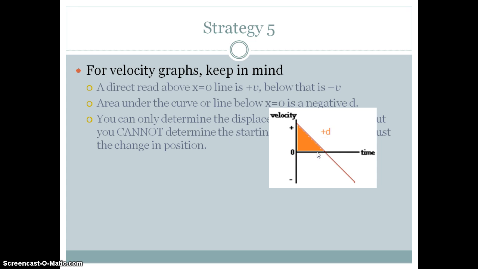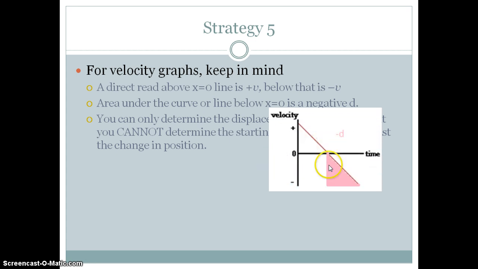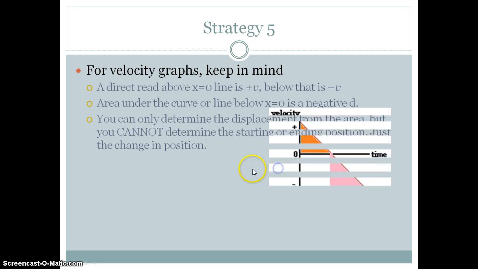If you look at it a little bit beforehand, you're only filling in part of the triangle here. This pink area down here, this triangle, is negative displacement. It's below the axes. So this is the displacement from this point to this point in time. And again, if you're looking at this sometime in between, you're only going to make a segment that corresponds to that area underneath the curve.